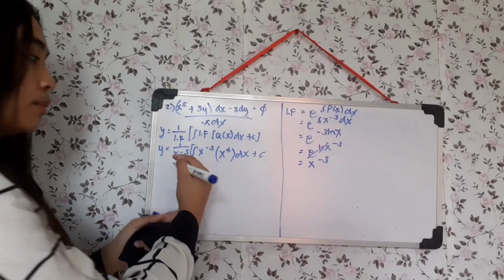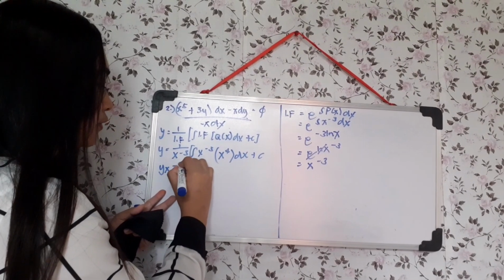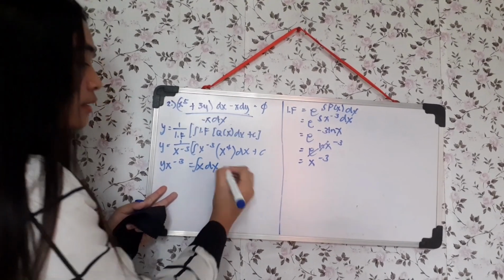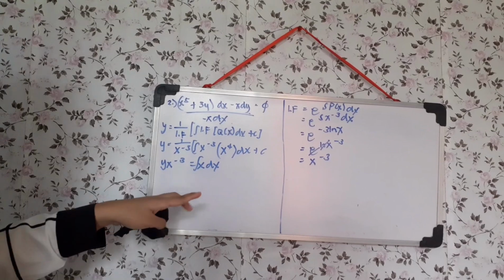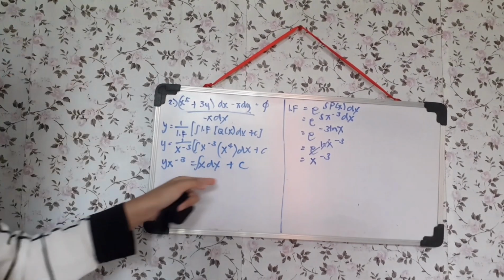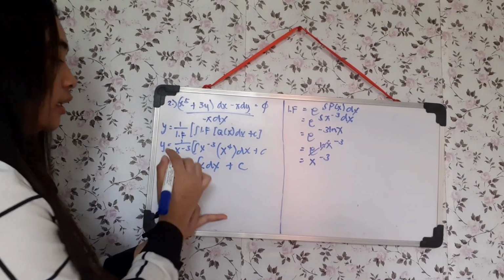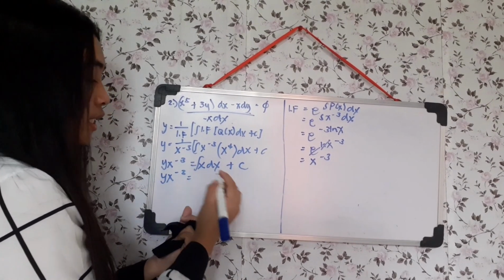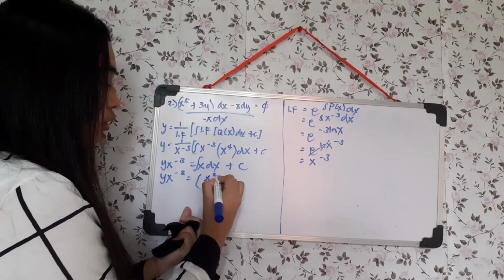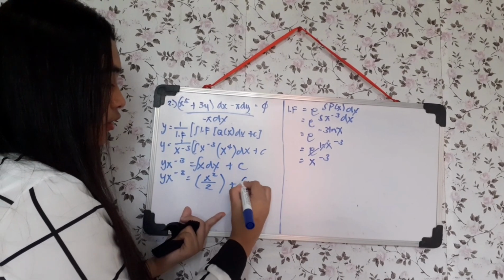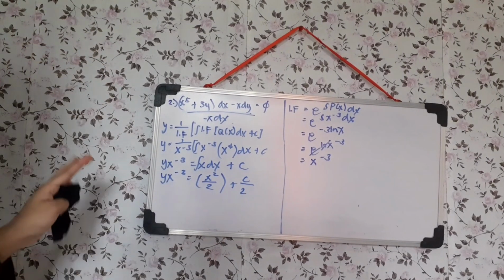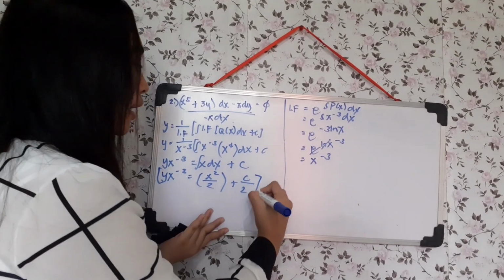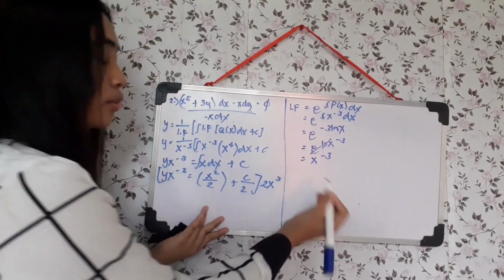Then distribute. We have y x to the negative 3 equals the integral of x dx plus c. The integral of x dx is equal to x squared over 2 plus c over 2. Now, to have cancellation, we need to multiply it by 2x cubed.